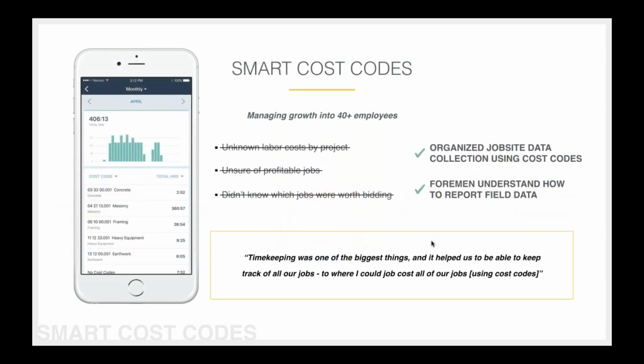Job cost data, just like anything else, it's garbage in equals garbage out. There are definitely some best practices for getting more out of cost codes from the field, but you have to be diligent. So a couple of things to keep in mind.